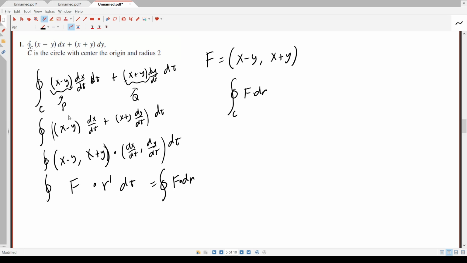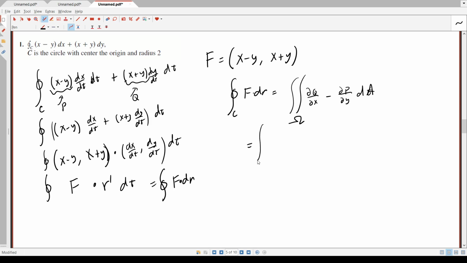I didn't have to do all of these steps at all. It was just for me to show you that this is the same as this. But f dot dr is going to be the same as the double integral over this entire region of dq dx minus dp dy dA.